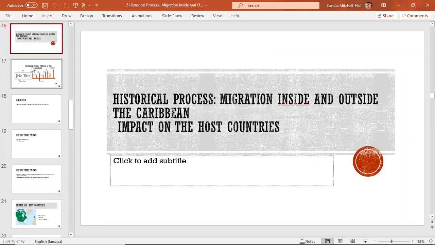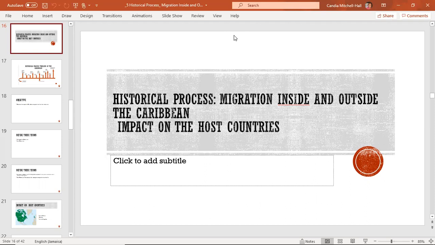It is also important to note that we have been migrating not only inside the Caribbean, but we have migrated to other places outside the Caribbean. What is the concept of that? What we call the concept of migrating outside of the Caribbean.